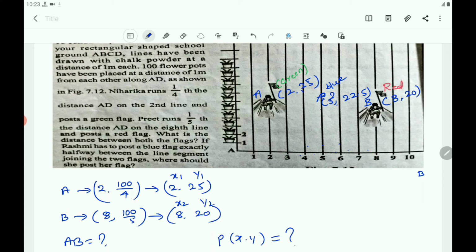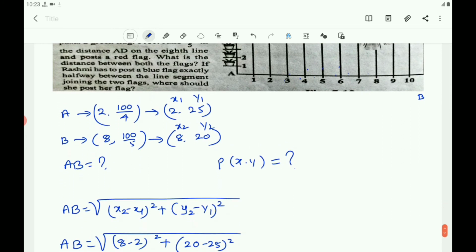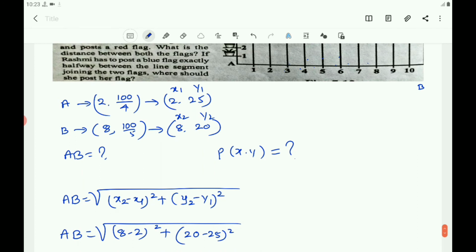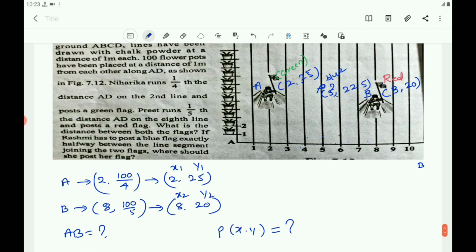So you write where the third flag should be posted. It is at a distance of 22.5 meter from the x-axis, that is on the fifth line.